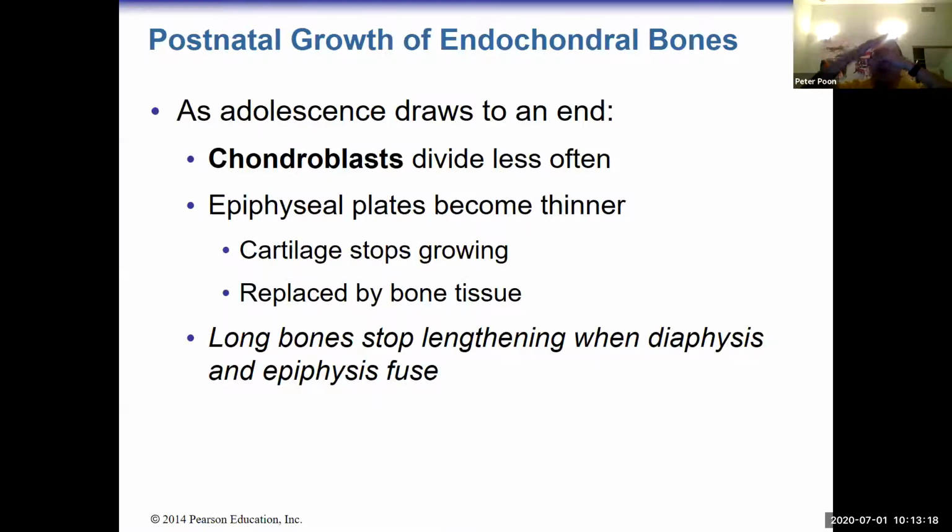Once these two come together, there is no more epiphyseal plate and no more cartilage. That means the long bone has finished growing, and you can no longer grow taller.